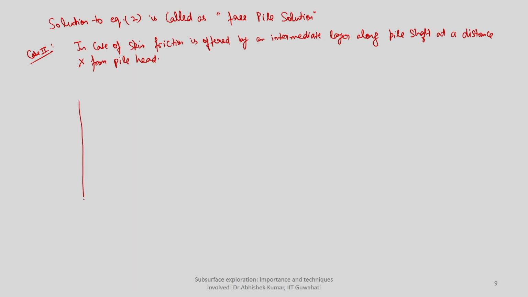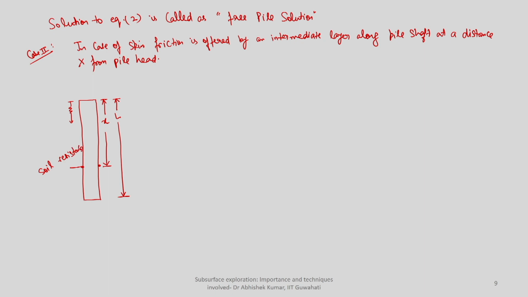Now, in this particular case what will happen? Just now we discussed the freestanding pile. In addition to it, suppose this is the location at a distance x, and this is L. You created some disturbance, it travelled and reflected as we discussed in case 1, but what will happen if at distance x the soil is offering resistance?